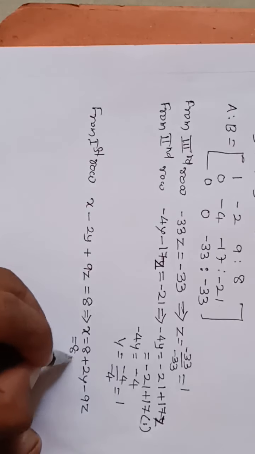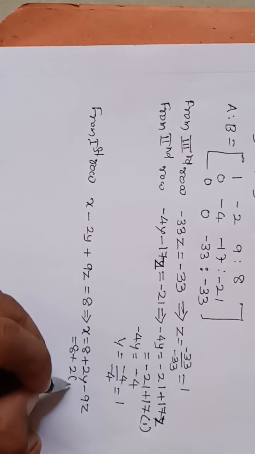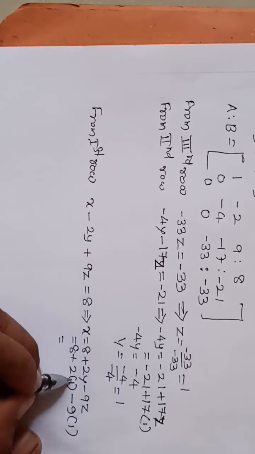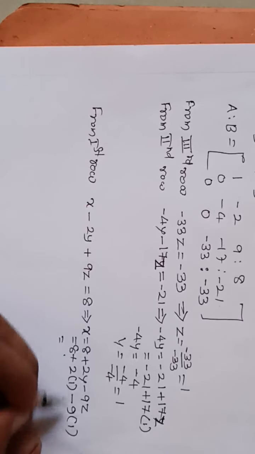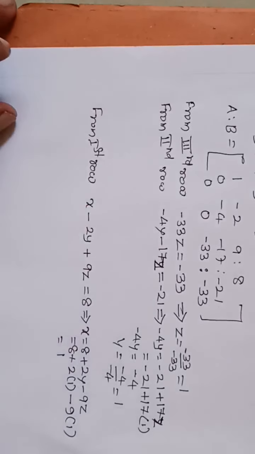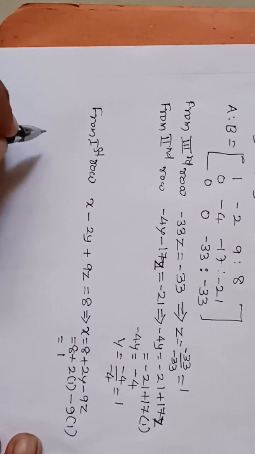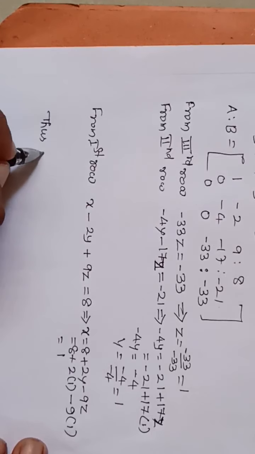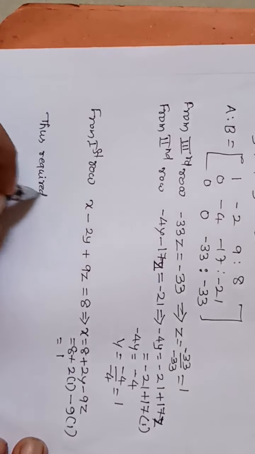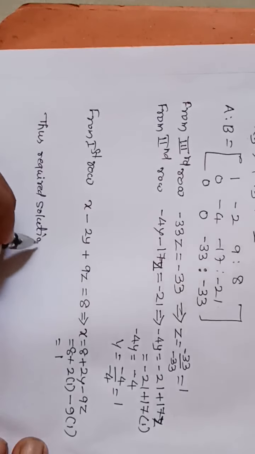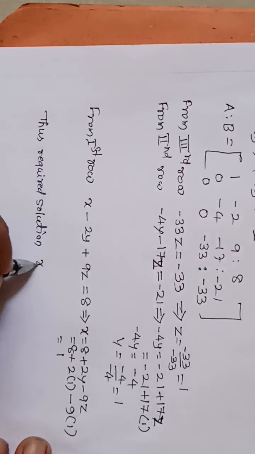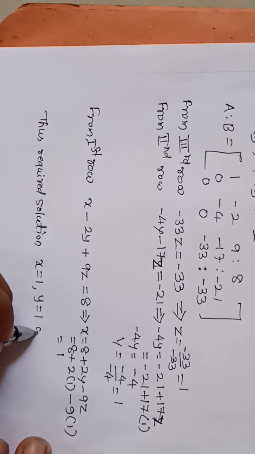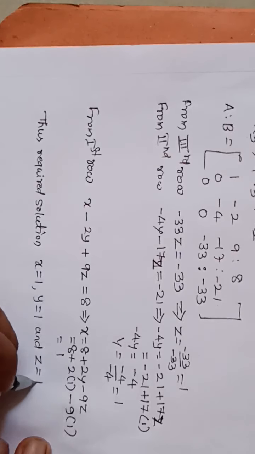So it is 8 plus 2 minus 9 into z, which is 1. So 8 plus 2 is 10, 10 minus 9 is 1. Thus the required solution for x, y, z: x is equal to 1, y is equal to 1 and z is equal to also 1.